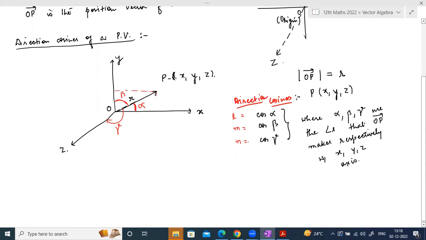Suppose I draw a perpendicular from here to the x-axis. Now you are getting a right angle triangle here, right? Suppose this point is x, suppose this point is y, and suppose you draw a perpendicular to the z-axis as well, and suppose this point is z.